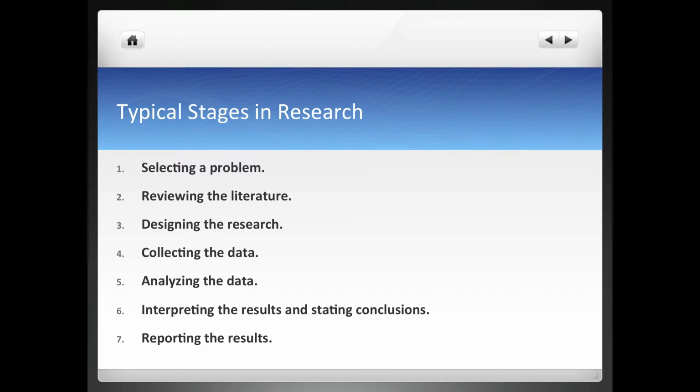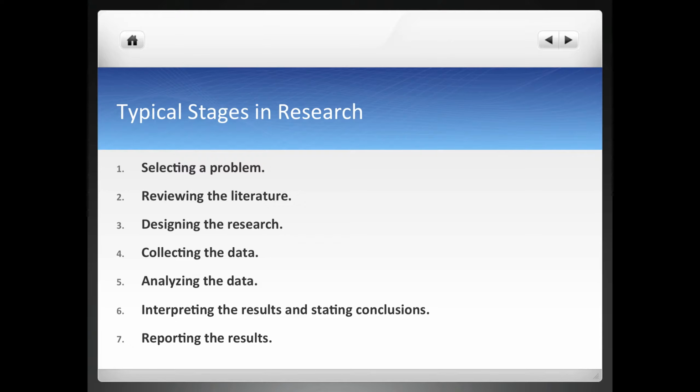Select a problem. I'll just take you through a research project that I did recently, where I wanted to look at the effectiveness of a particular placement tool. I noticed that our placement process at Shawnee State that we were currently using could be improved.